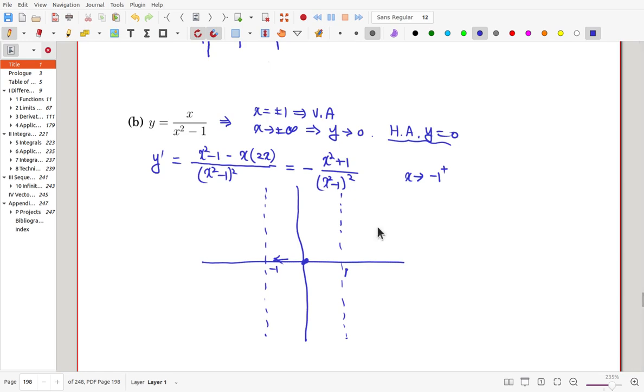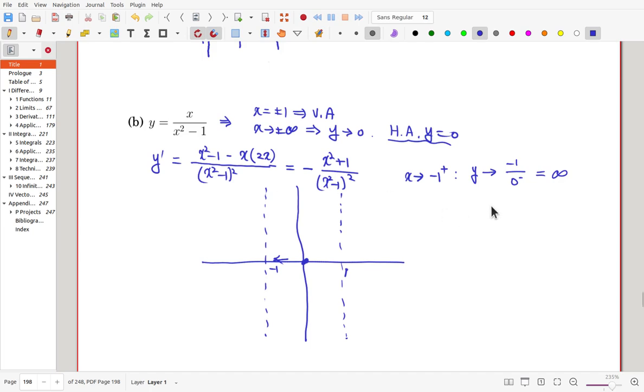Then here x squared is less than 1, so the y value is approaching, the bottom is 0 but less than 0, so 0 minus, and the top one is minus 1, so it will become infinity. So here the value will become infinity.